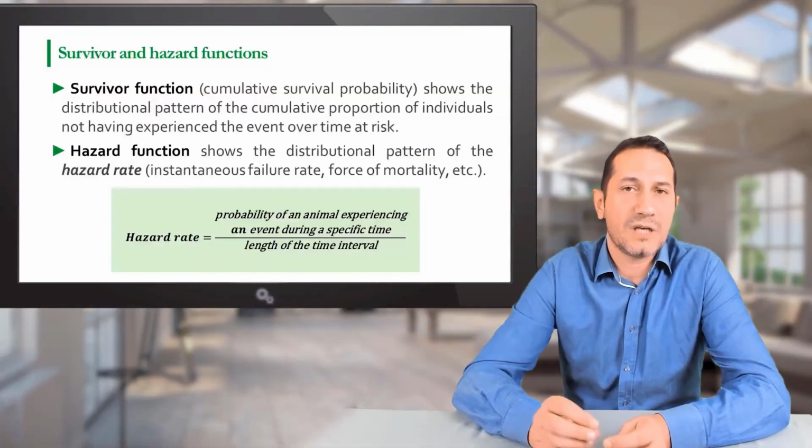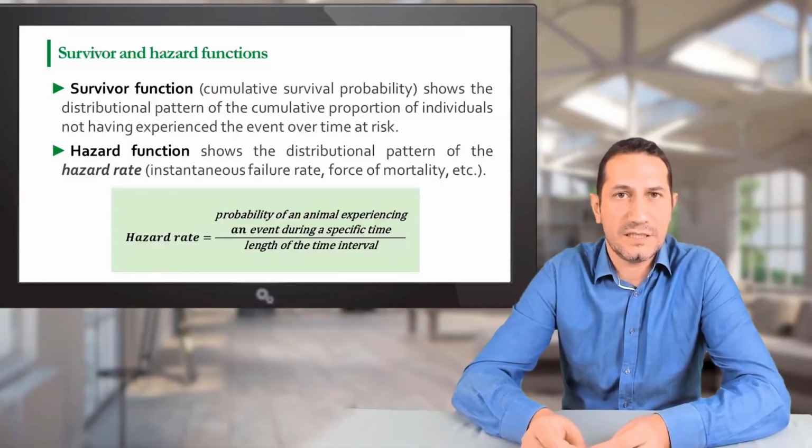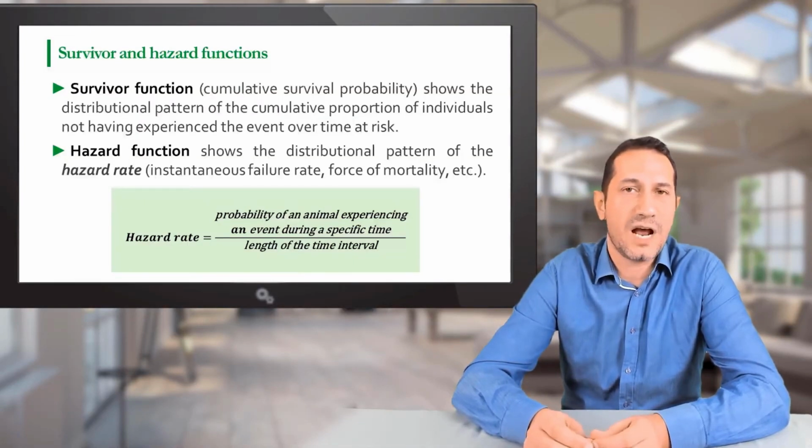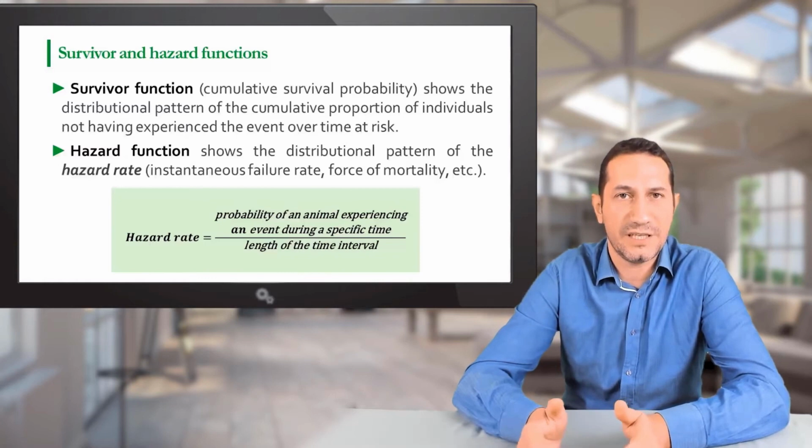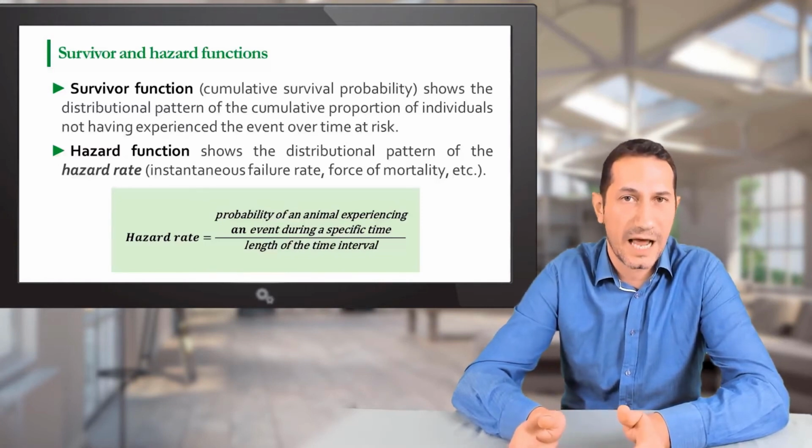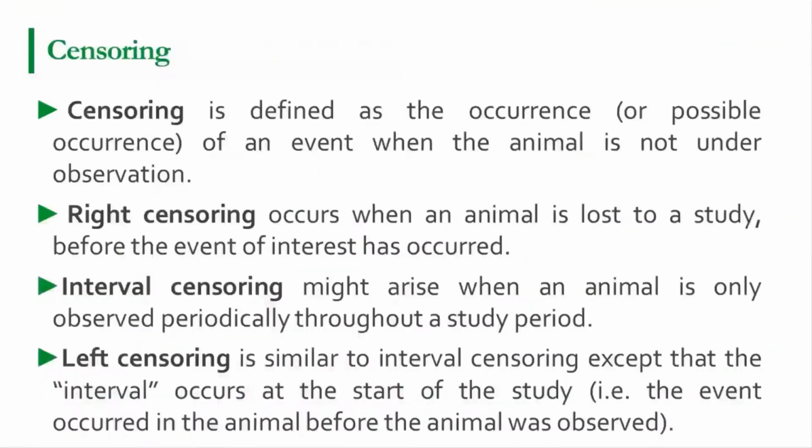The outcomes of such methods are risks and rates, which are very convenient for further interpretation in the epidemiological analysis. And the animals which did not experience the event of interest, we call censored animals.